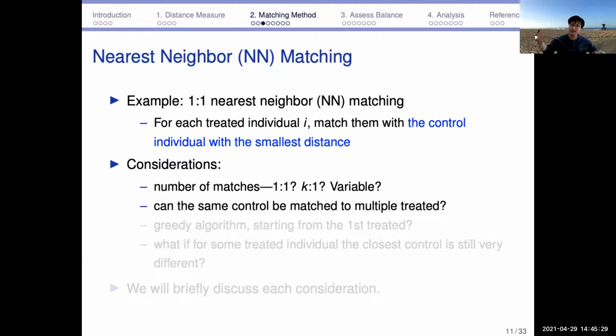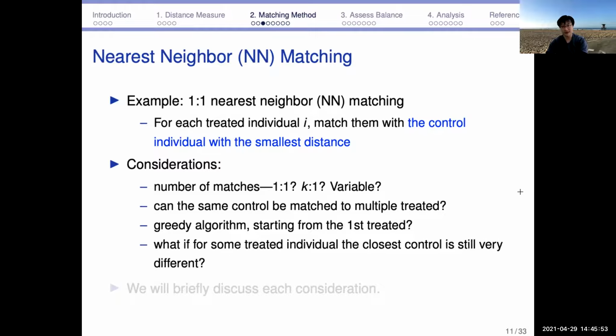So in this case, do we want to reuse that control? A third consideration is, do we use a greedy algorithm by starting from the first treated? Or do we do something else? Do we aim for some kind of global optimality? We'll see this in more detail later on.